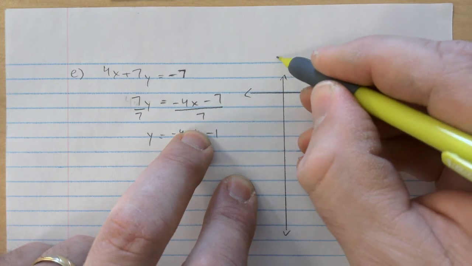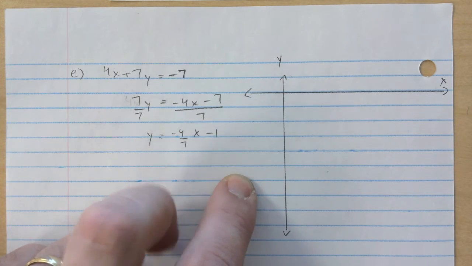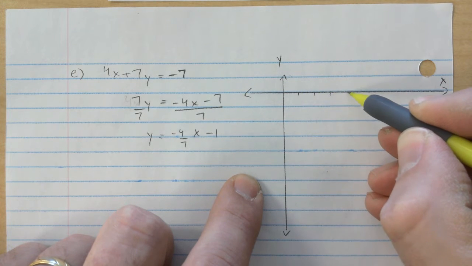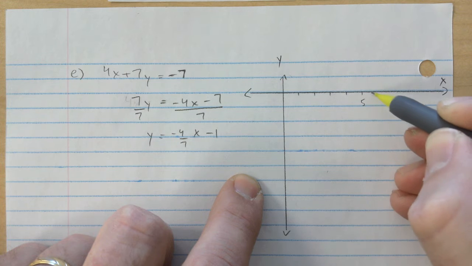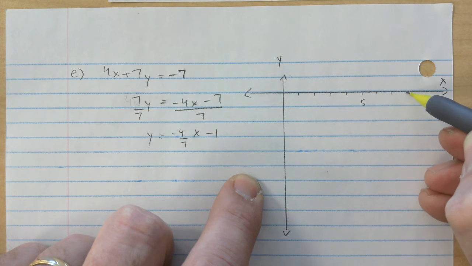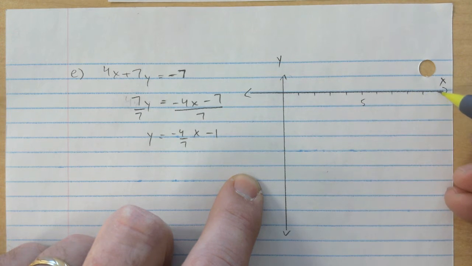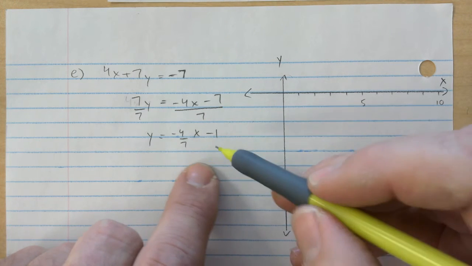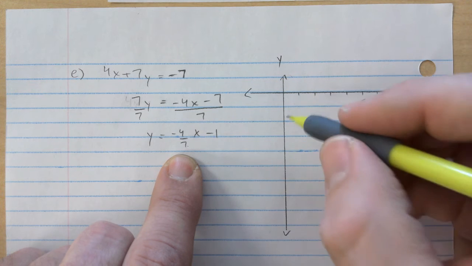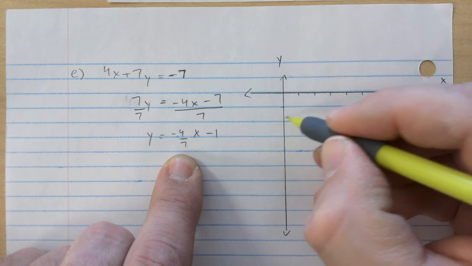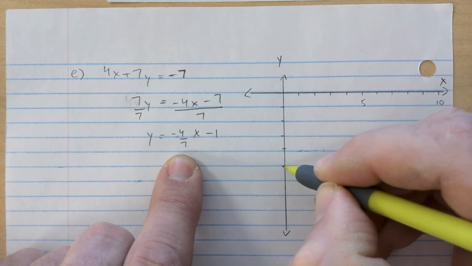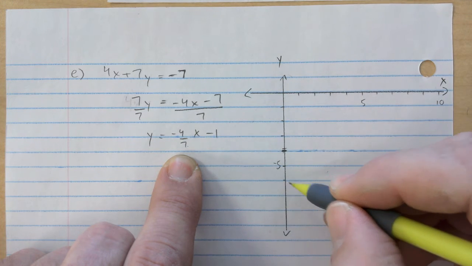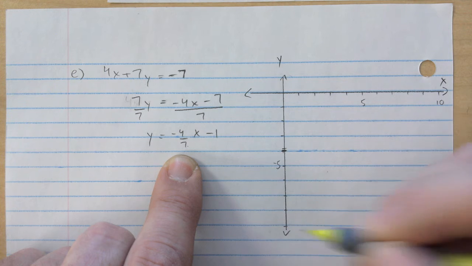Okay, so x and y like that. And I'm going to go 1, 2, 3, 4, 5. 1, 2, 3, 4, 5. Okay, because I know I'm going to need some space this way because your run is 7, right? So then you're going to go 1, 2, 3, 4, 5. Sorry, this is supposed to be right there. This is negative 5. 1, 2, 3, 4. That's it.